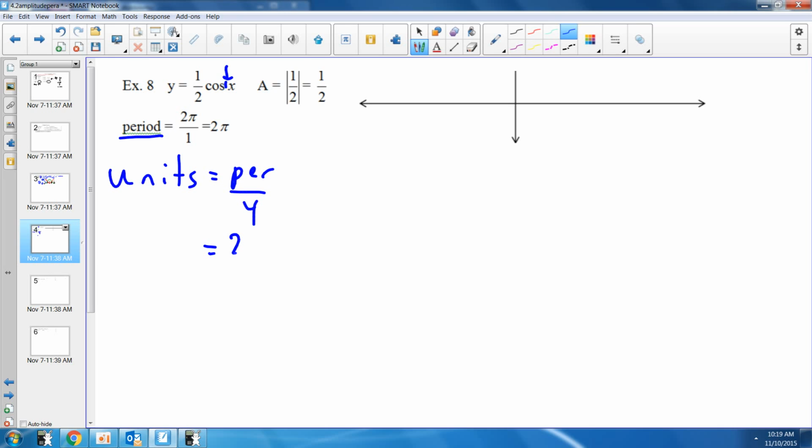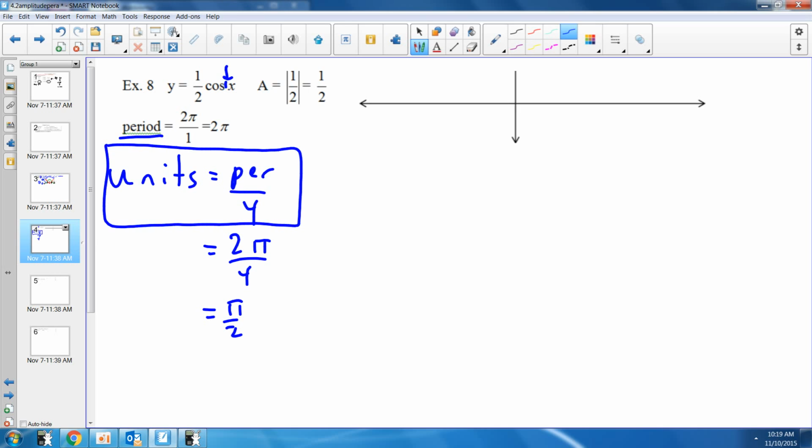In other words, in this particular problem, it's 2 pi divided by 4, which is pi over 2. Boxes make it real obvious that this is what you want to do. Again, I'm doing things that are different than the book. We're not making tables, we're making adjustments.